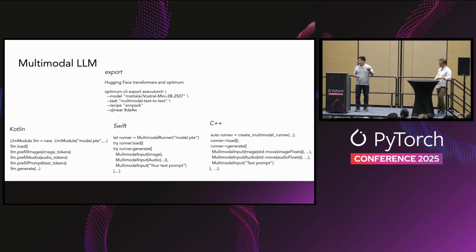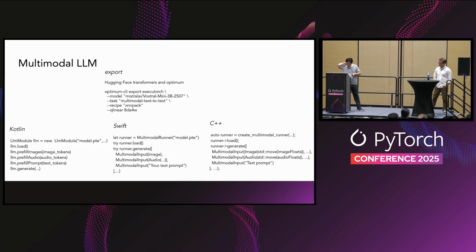So you can use a one-line script to run it. For instance, Voxtral is an audio inputs modality that you can export to ExecuTorch. And on top of that, you can just use that in your runtime directly using three types of API: Java, C++, and Swift on iOS.